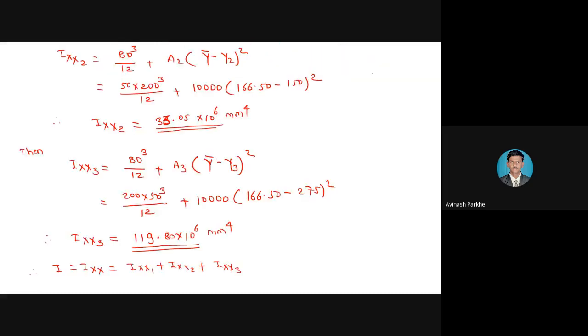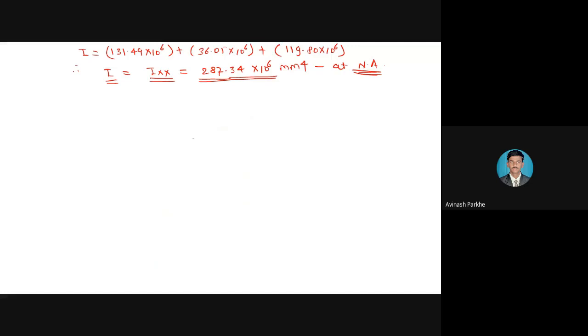Now we have calculated all the parameters. Capital M is directly given in the statement, 40 meganewton mm, which we have converted to Newton mm. Y bar distance we have also calculated, and the moment of inertia also.